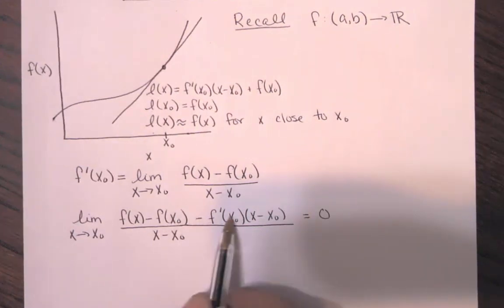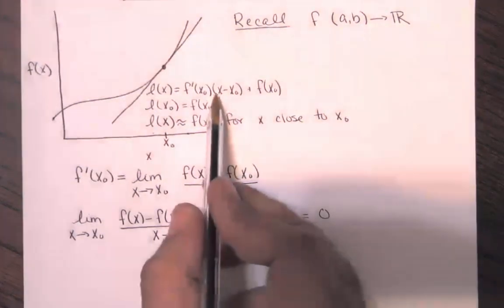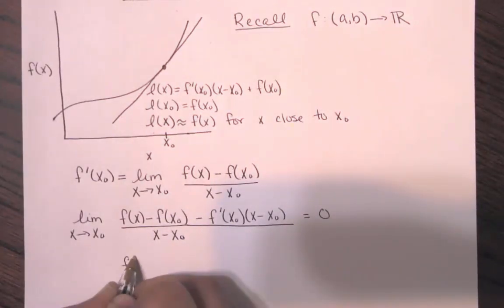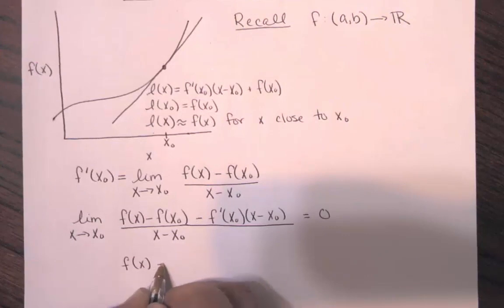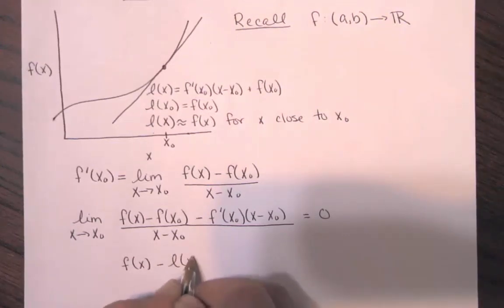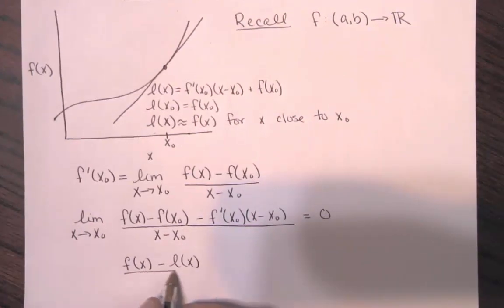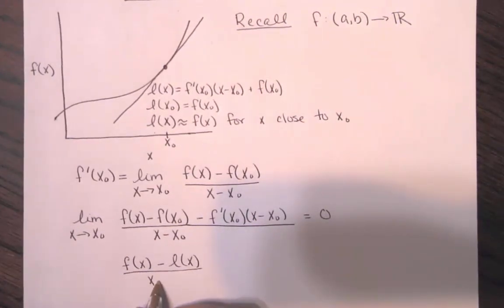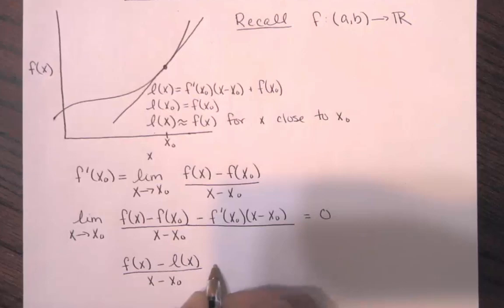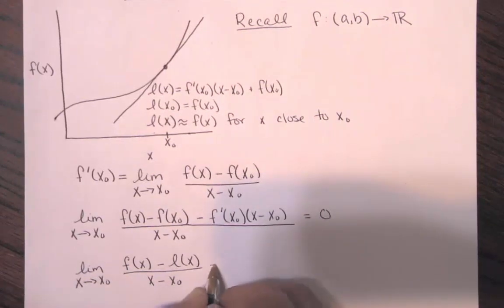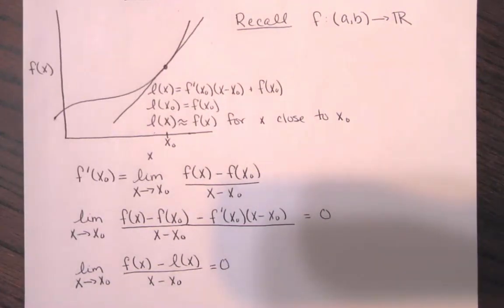Well, if we compare these terms to my tangent line, what I get is f of x minus L of x divided by x minus x naught in the limit as x approaches x naught is equal to 0.